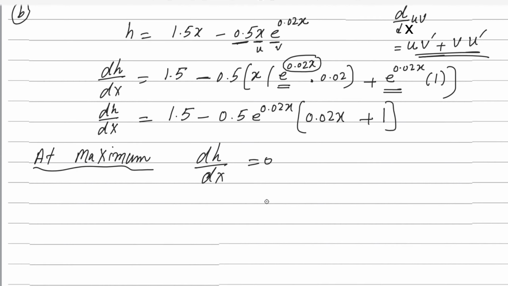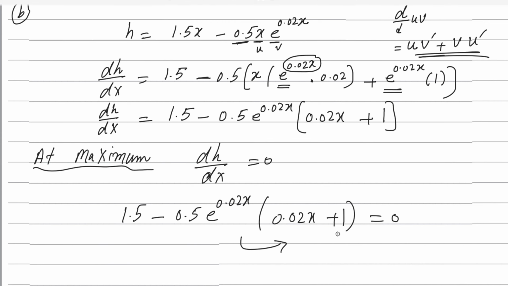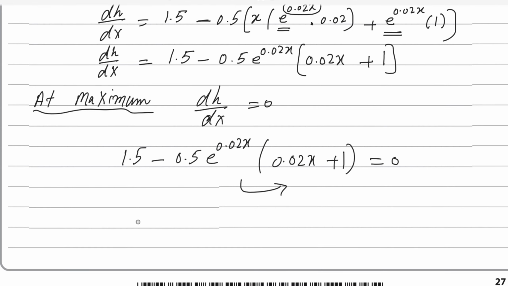So we can write (1.5 − 0.5e^(0.02x))(0.02x + 1) = 0. In the next step, this is minus, so you can move it to the right side. So 1.5 = 0.5e^(0.02x)(0.02x + 1).